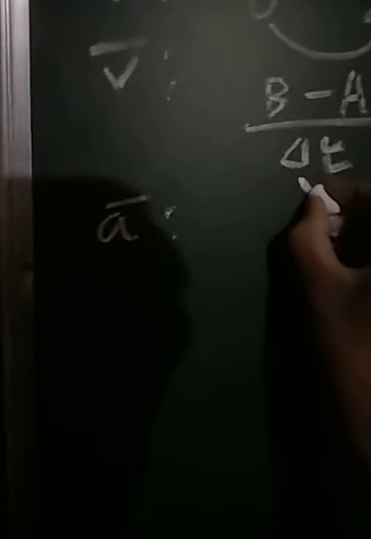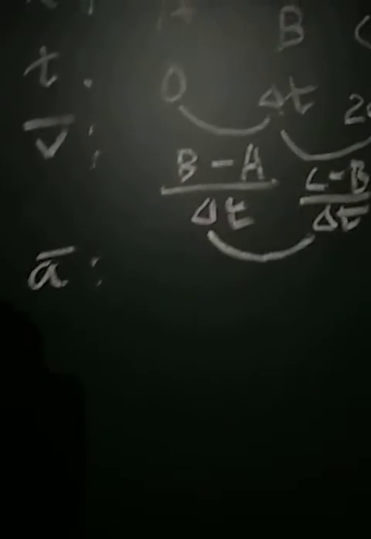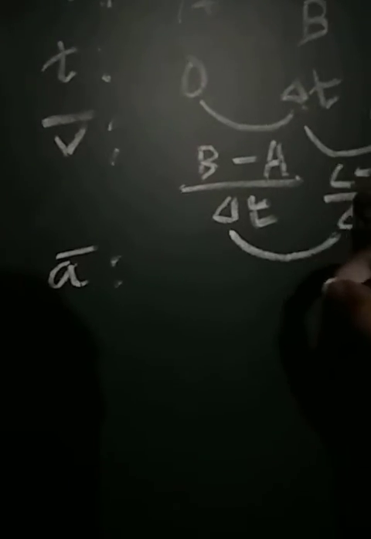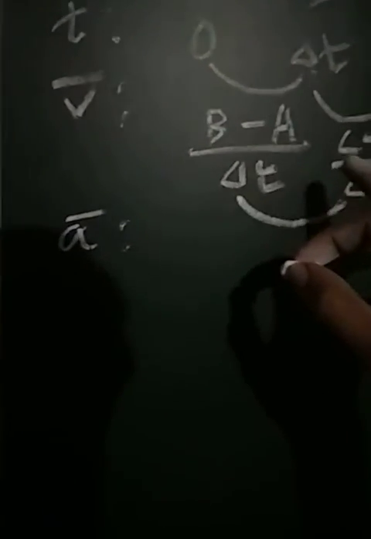Now it will be our task to calculate the average acceleration between two events. The average acceleration is the rate of change of average velocity. So between these two events, the rate of change of average velocity is C minus B minus B minus A by del t square.